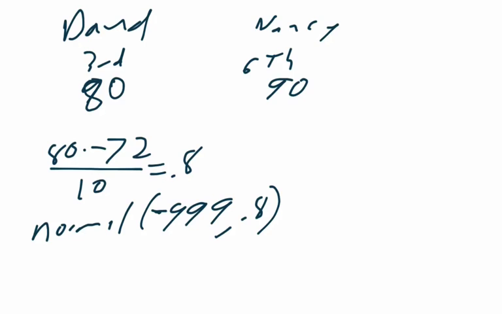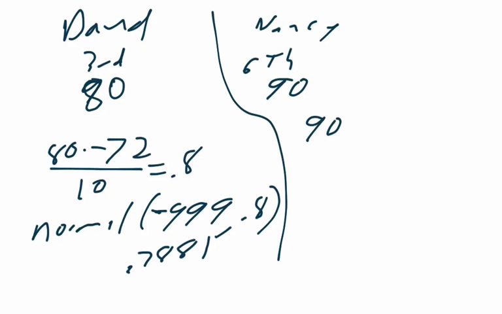or the table, you get 0.7881. For Nancy, 90 minus 80 divided by 11 this time is 0.91.